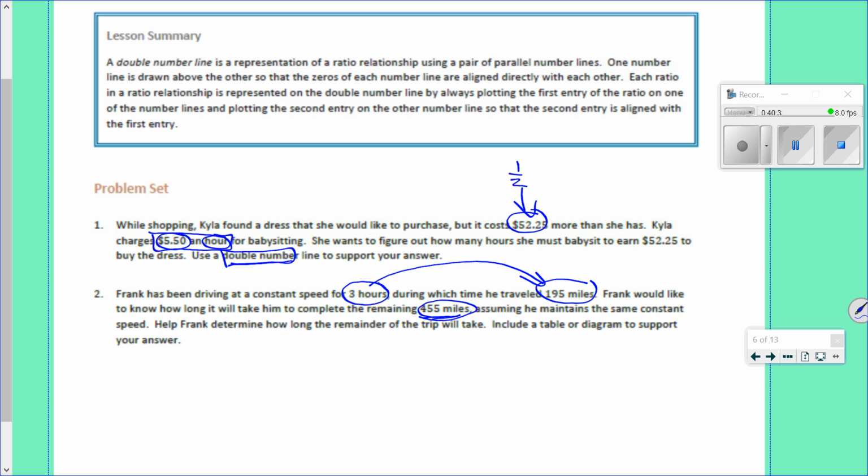And then you'll be able to figure out the hours as well. Okay? So number 2 does not say you have to use a double number line. It gives you a tape or diagram. A double number line is a form of diagram, so it's one I would actually recommend for this one. But if you're feeling more comfortable with something else, you are definitely free to use those. So that one is page 49.